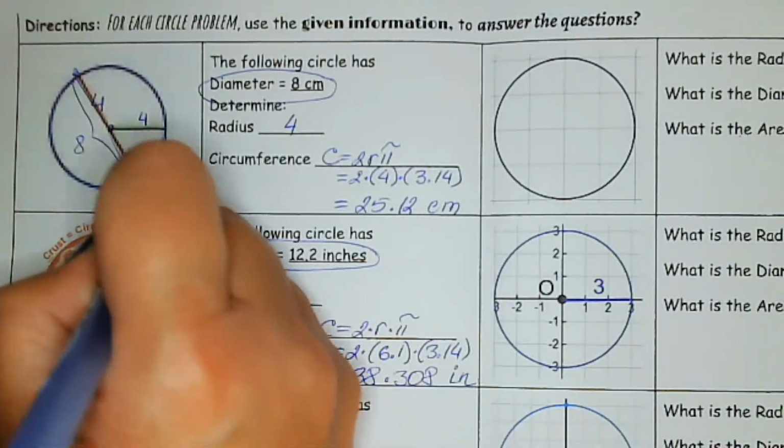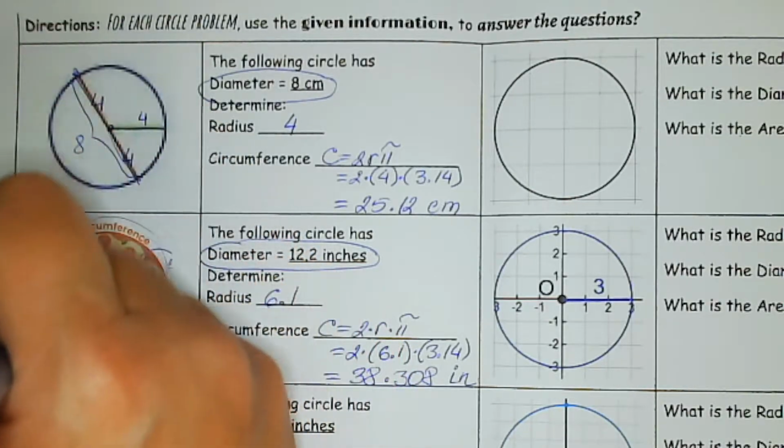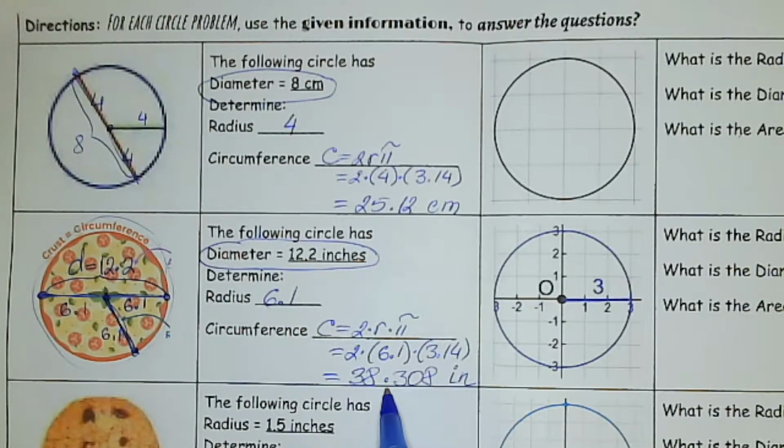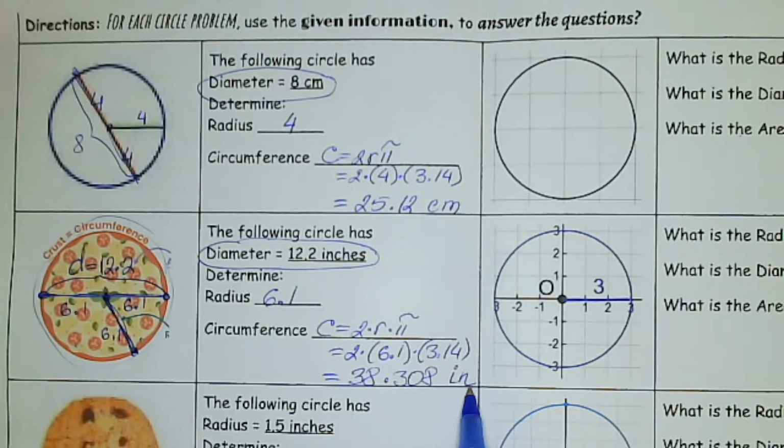So the distance around this crust of the pizza, that will be the circumference, approximately 38.3, but I can leave all the decimals that I had in my calculator, inches.